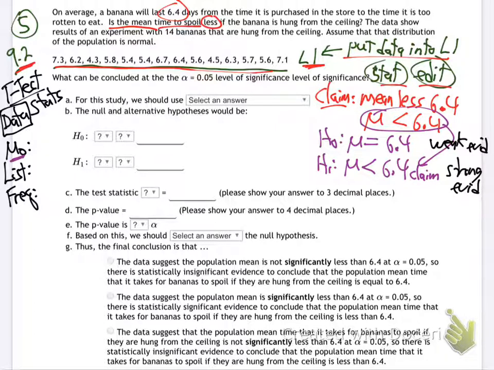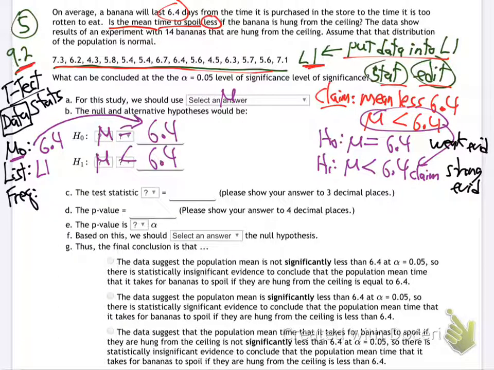So what is mu0? Remember what mu0 is? That 0 tells you to go to the H0. The H0 was mu equal 6.4. This was mu less than 6.4. So the mu0 always says go to H0 and grab the number 6.4. The list is going to be L1, because it's asking where's the data.